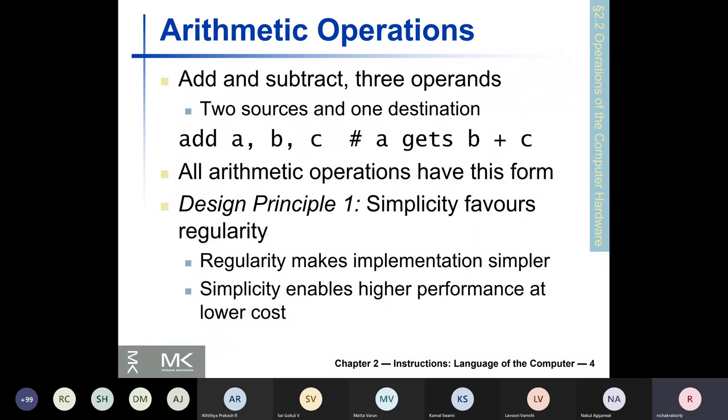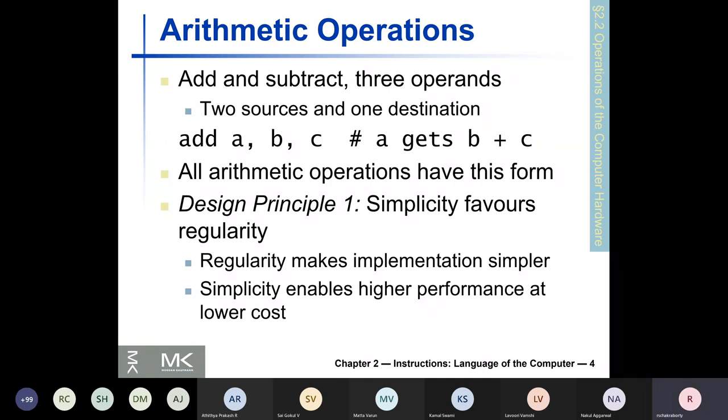So these are binary operators basically. Binary in a sense something that operates on two operands. But of course, there will be other types of operations also, many other types of operations also that we will study, which are not binary operations, but we will come to them slowly. So what does add A, B, C mean?